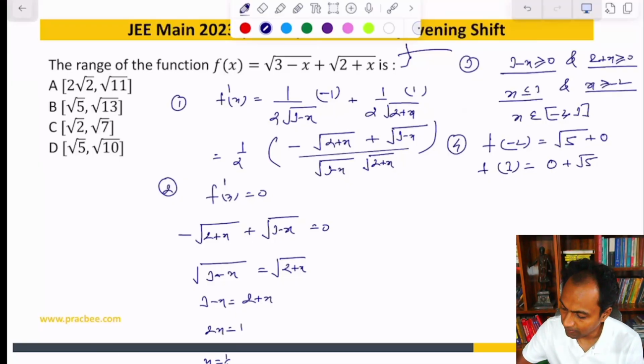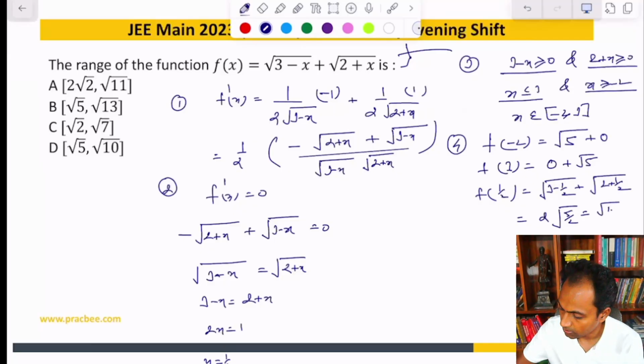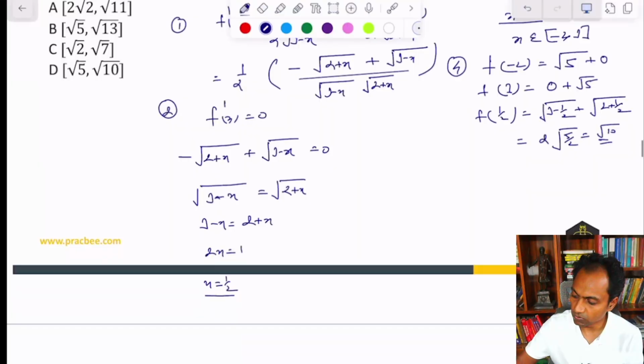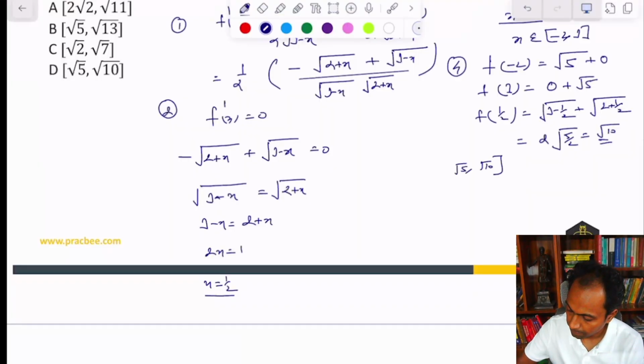And if I check the value at 1 by 2, it becomes root of 3 minus 1 by 2 plus root of 2 plus 1 by 2. That will be equal to 2 times root 5 by 2, which is nothing but root 10. If you look into the range, it would be between root 5 to root 10. That is nothing but option D.